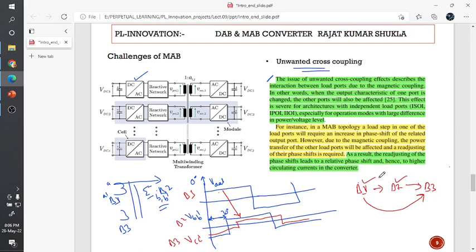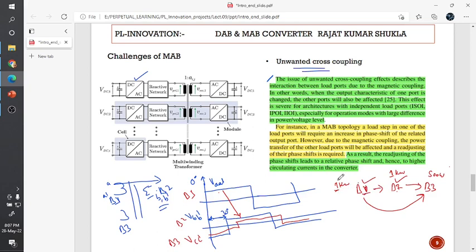What does it mean? Suppose bridge B1 carries 1 kilowatt of power before connecting bridge B2 and B3, then 1 kilowatt will reach bridge B2. But whenever you connect bridge B3 with the same transformer core, in such a way that it should take 500 watts, this 0.5 kilowatt will be drawn from bridge B1, because bridge B3 is highly lagging from bridge B1.